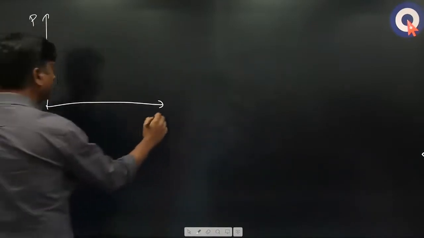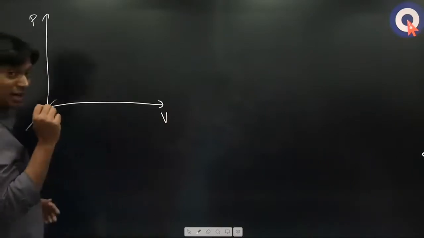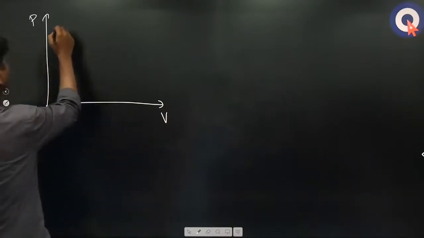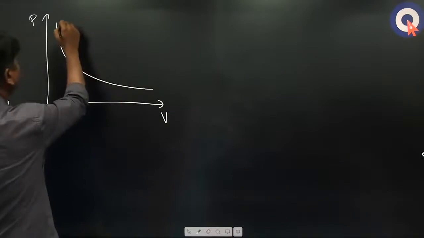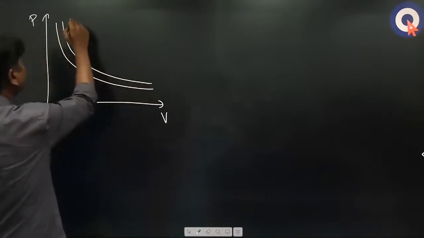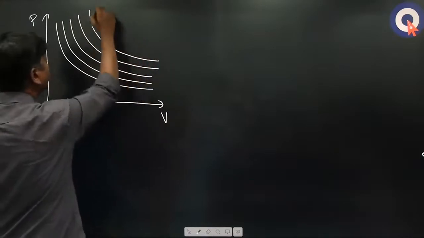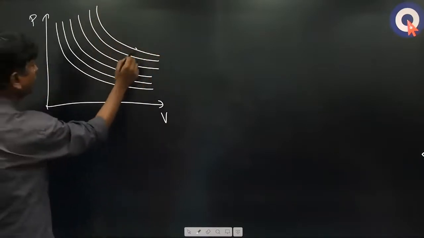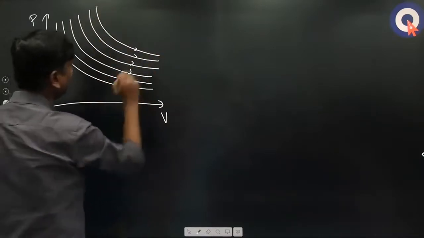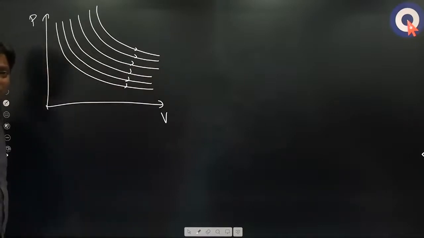So first, your isothermal lines. Whenever you have isothermal lines, they are all rectangular hyperbolas. Whenever you are going along this line, definitely temperature will remain constant.